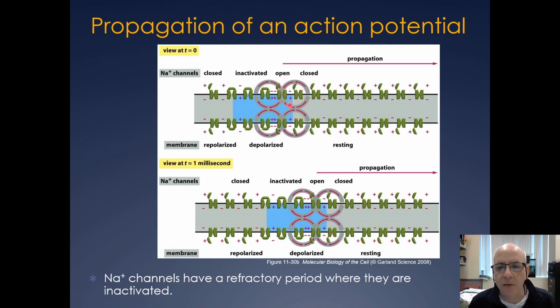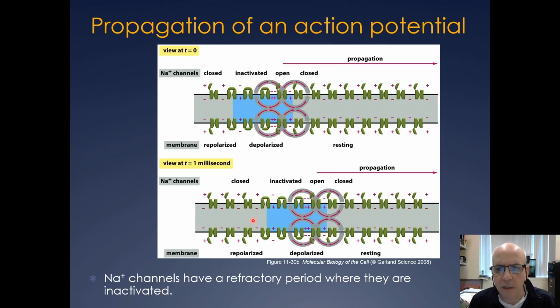So as it gets depolarized, this one here can open up, and the ones on the trailing part of it are in an inactivated state. If you're at T0, this is what happens, and then the refractory period moves it forward. These ones become inactivated, and these ones here go back to their closed state. And in doing this, the wave moves down the axon.